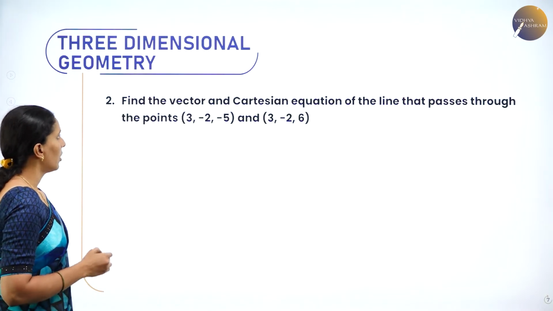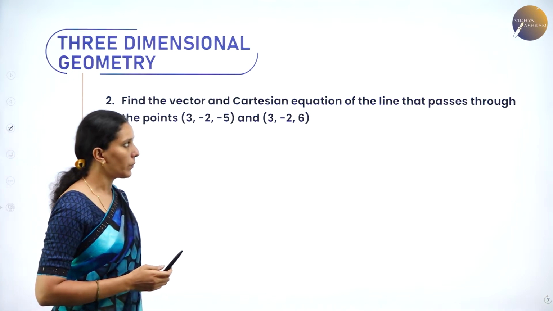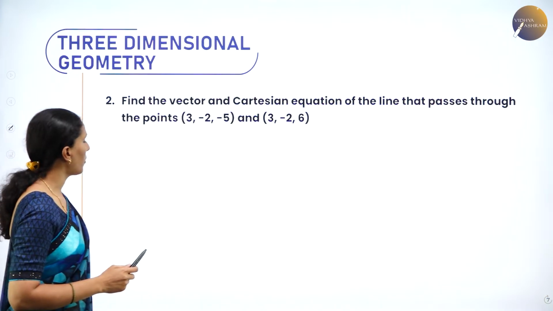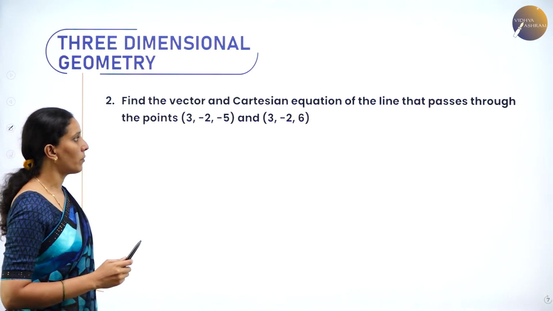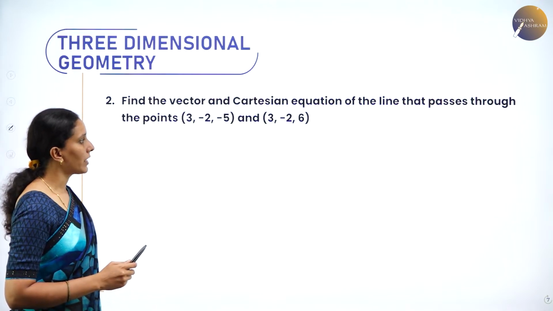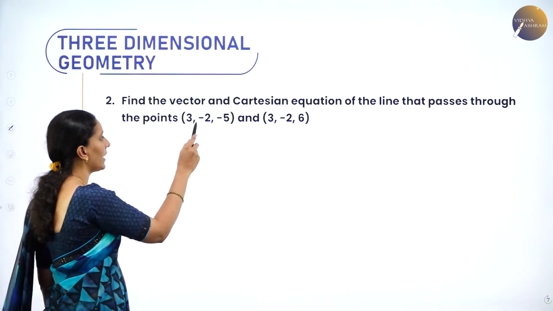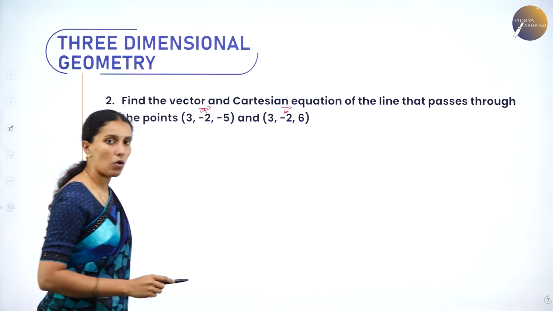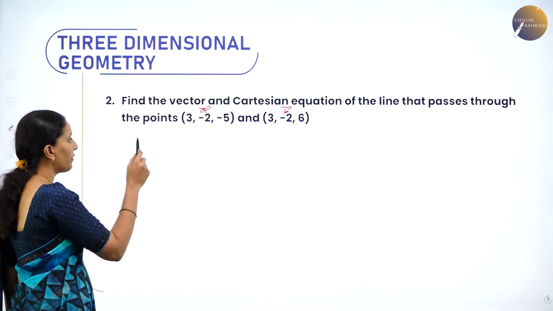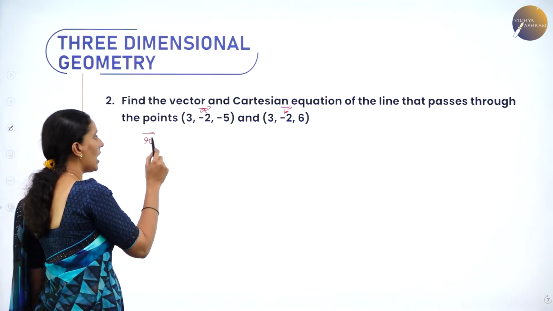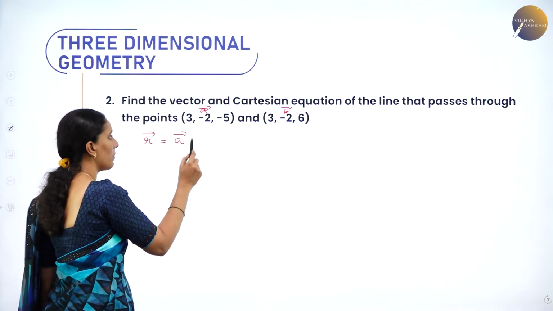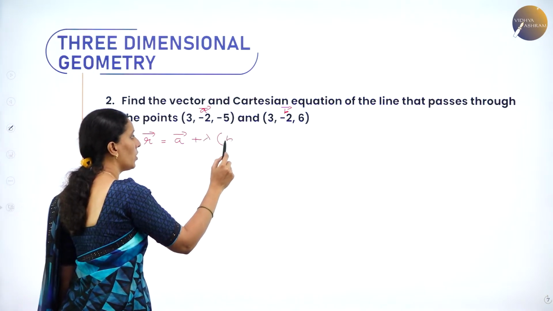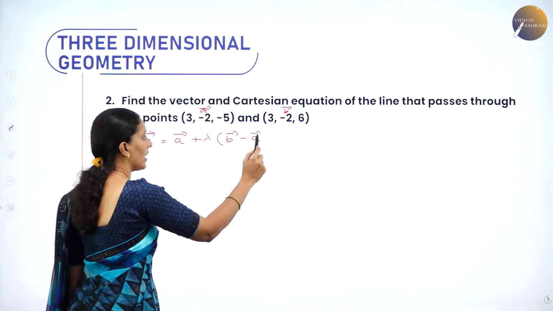Next, find the vector and Cartesian equation of the line that passes through the points (3, −2, −5) and (3, −2, 6). So let me take this as vector a and this as vector b, the coordinate form. Now we know that the vector form is vector r equal to vector a plus lambda into (vector b minus vector a).